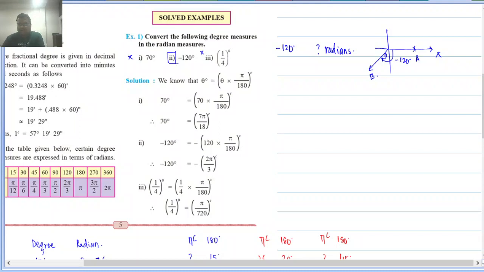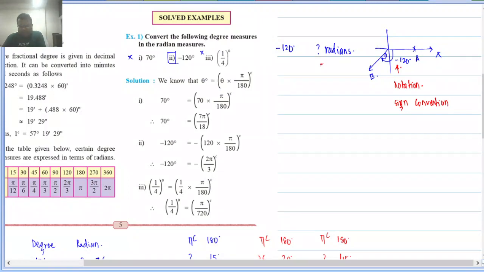Okay, now the minus sign is a notation. We can say it is a sign convention, to show that the angle has rotated through clockwise direction.